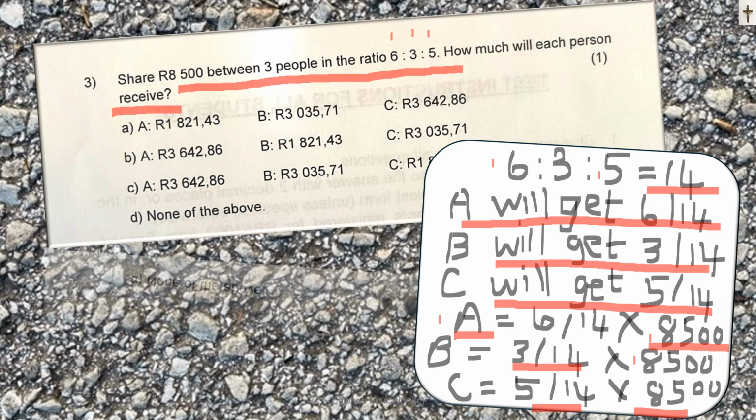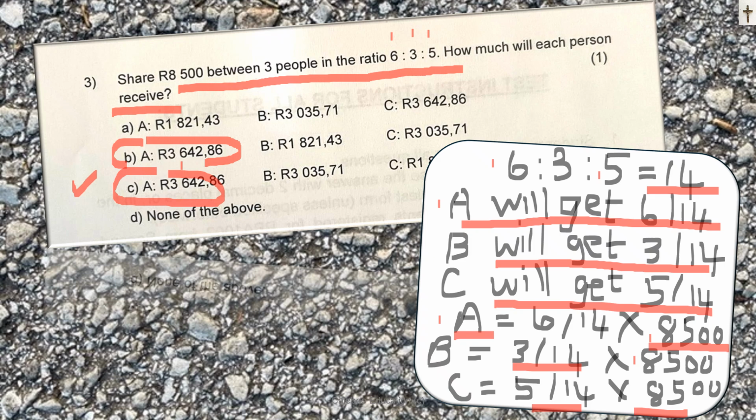Be very careful, because answer C and answer B both say that A gets 3,642.86. So you can't just calculate A and assume that C is correct. You need to do B and C as well.